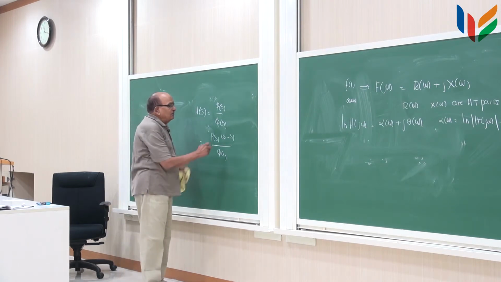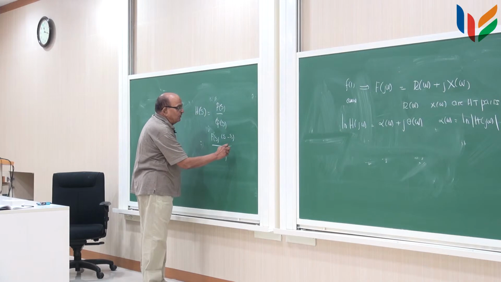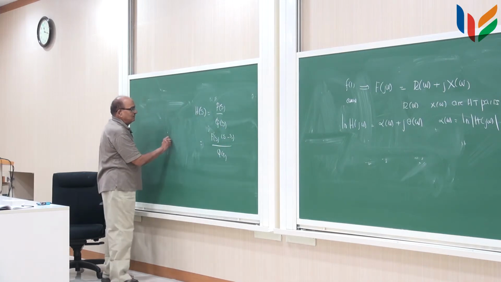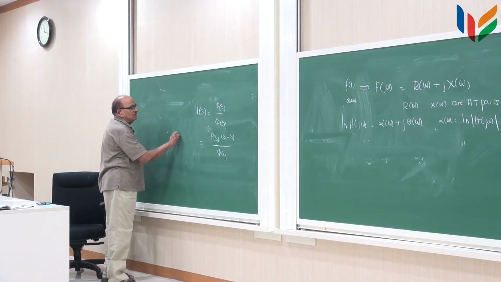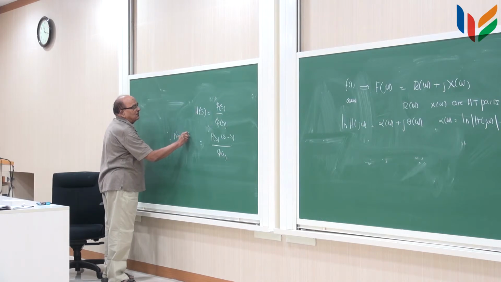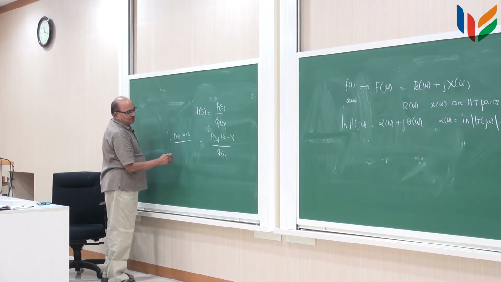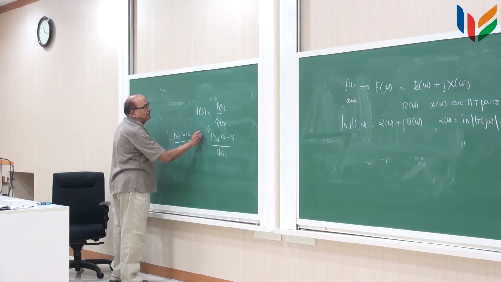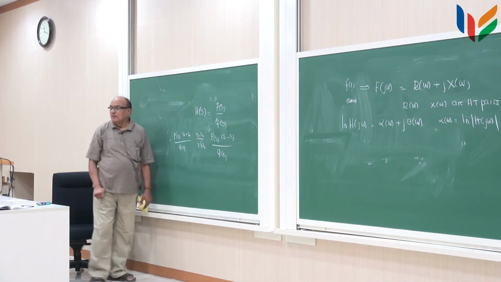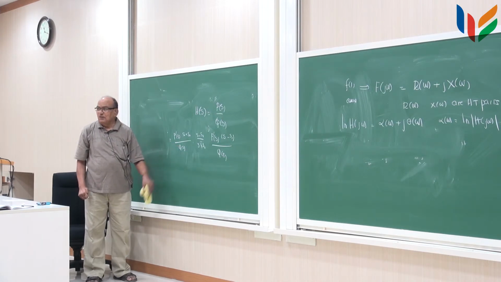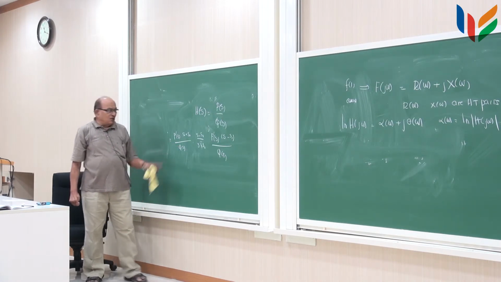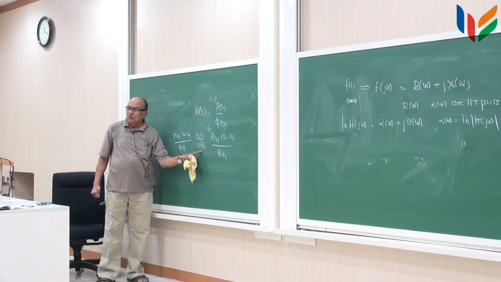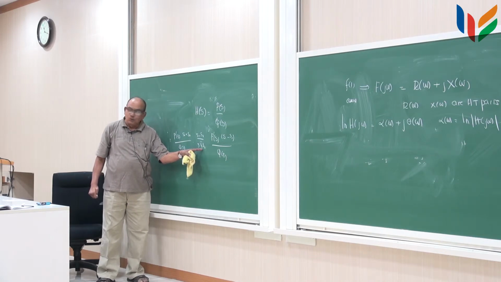I can now do the following. This is equal to P prime(s) into (s plus s naught), multiplying numerator and denominator. And where is this pole? Now there is a pole here, right?